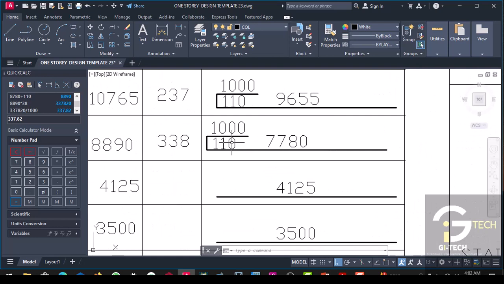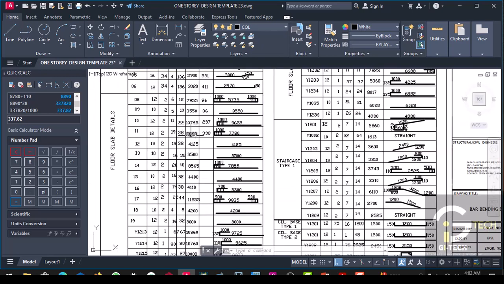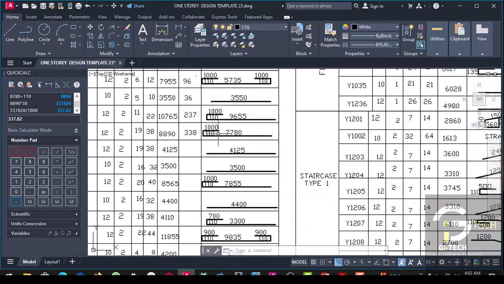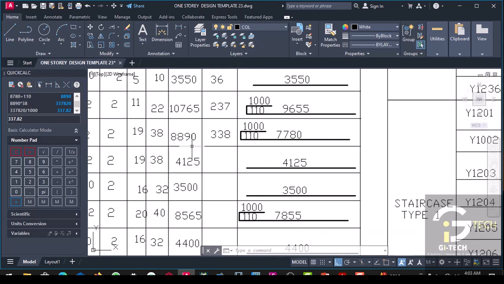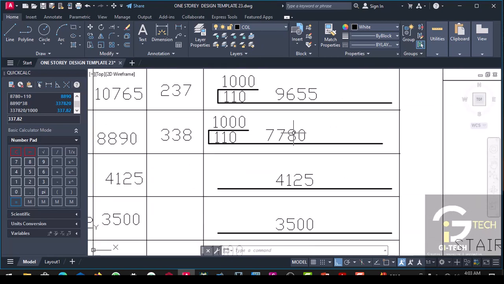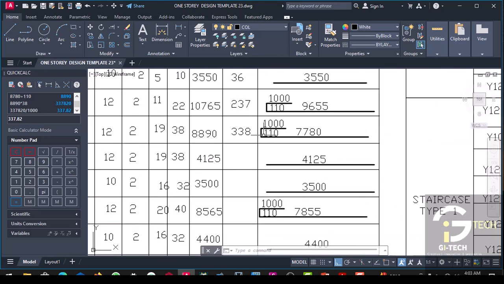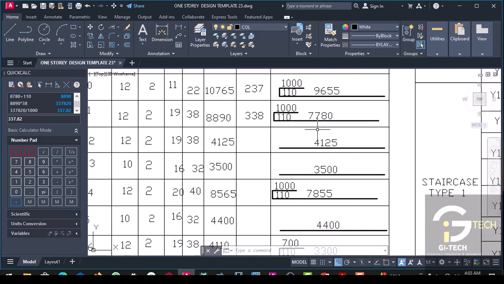So if you want to give a steel bender the cut length, you just come to the bar bending schedule table, look for the bar mark, which is 11, and just tell him that he should cut 8890. By the time you cut 8890, he will be able to bend this and achieve this shape. This is just the cut length of it. Because by the time you add this up, you have this. Okay, so we are done with that.